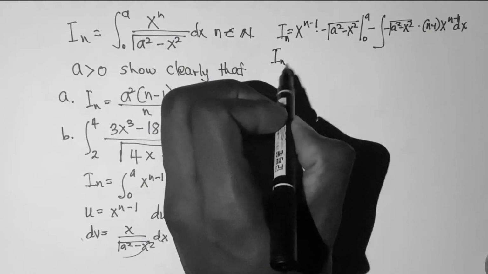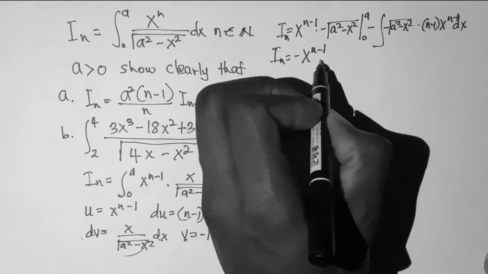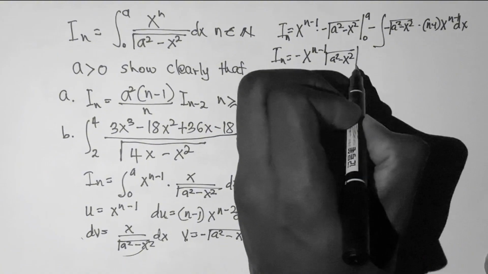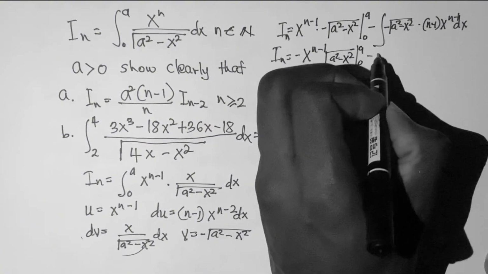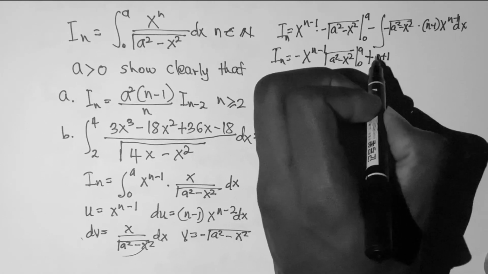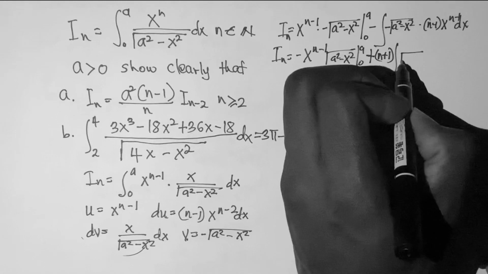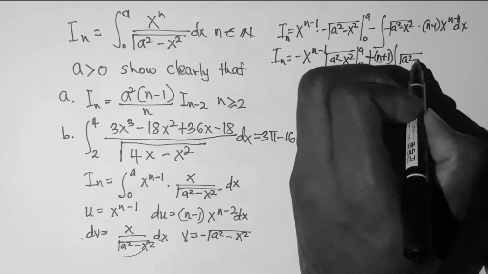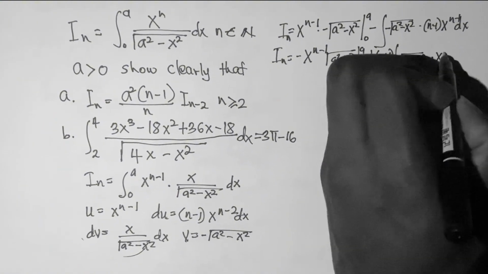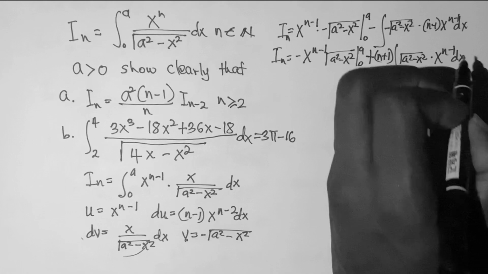Here's I of n. I of n is equal to minus x exponent n minus 1 times the square root of a squared minus x squared, evaluated from 0 to a, and minus minus becomes plus n minus 1, then the integral of the square root of a squared minus x squared times x exponent n minus 2 dx.